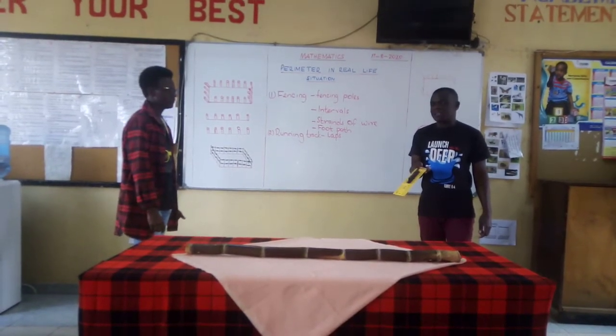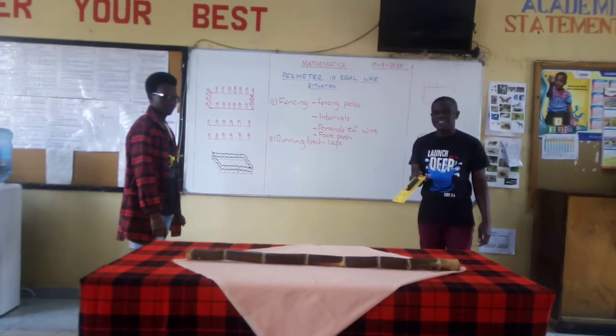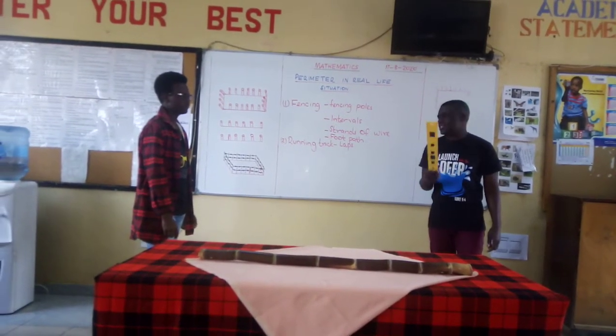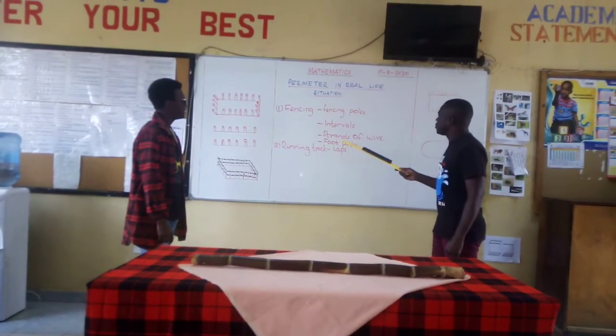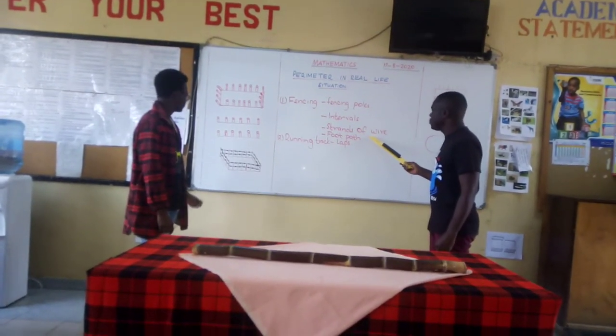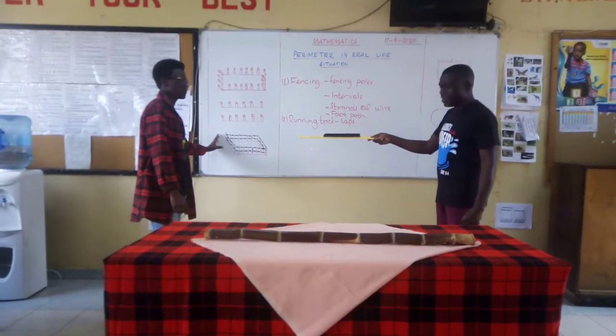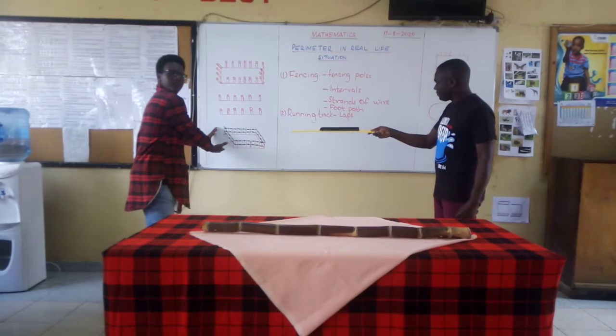And I will ask Ian to count the number of nodes and internodes later on in the lesson. We are also going to count the number of strands of wire used in fencing, as you can see in that diagram near Ian.